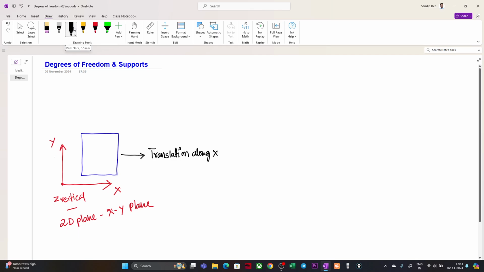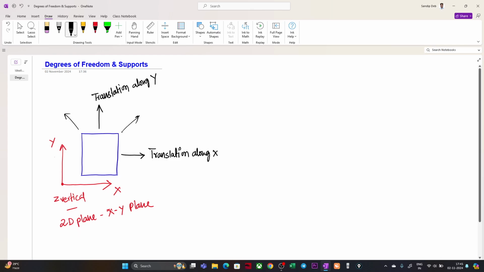We can move this paper along this direction also, so translation along y direction. So these are the two independent directions. I can move it along this direction also, I can move it along this direction also.